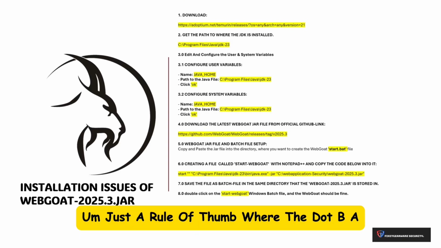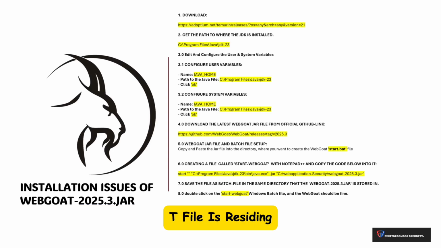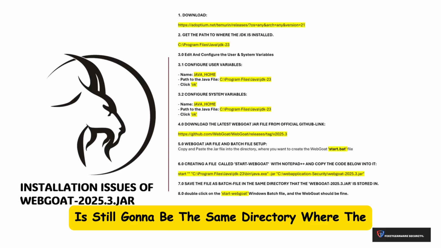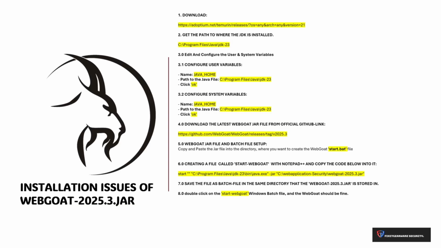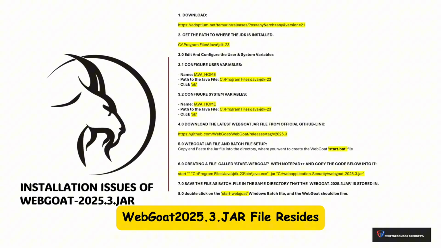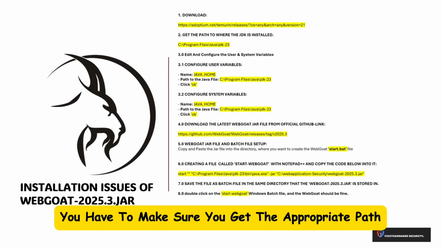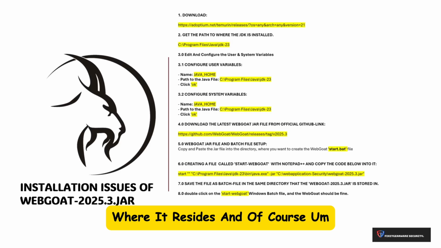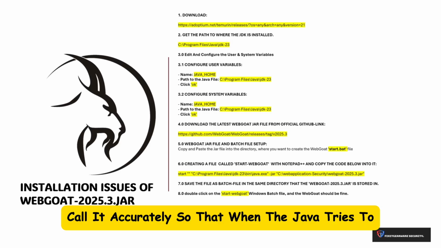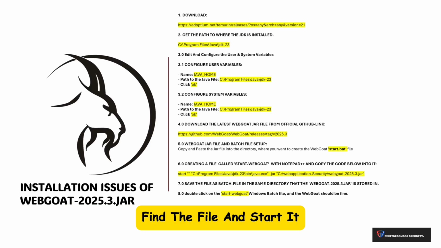Just a rule of thumb, where the .bat file resides is still going to be the same directory where the WebGoat2025.3 jar file resides. Or if it resides somewhere else, then you have to make sure you get the appropriate path where it resides, and call it accurately so that when Java tries to find the file and start it, it's going to be able to locate it.